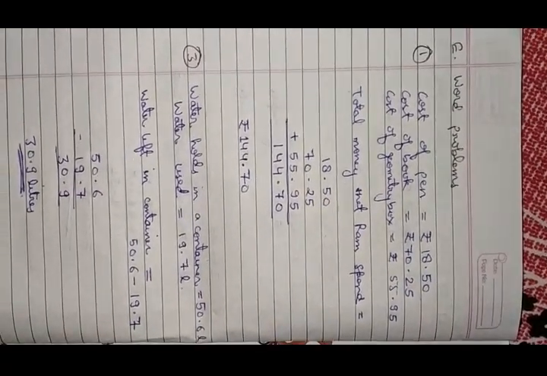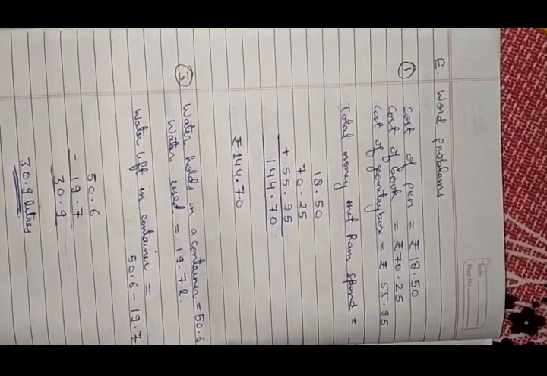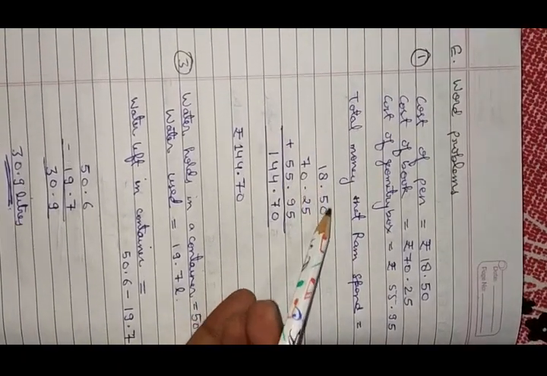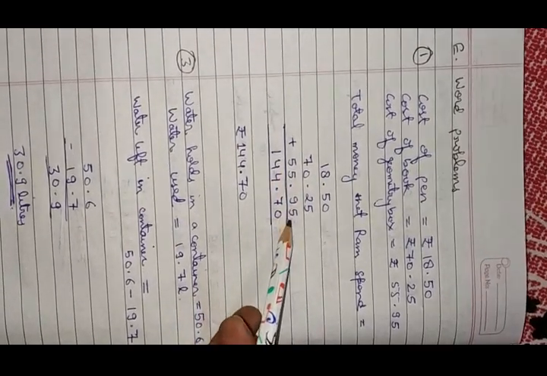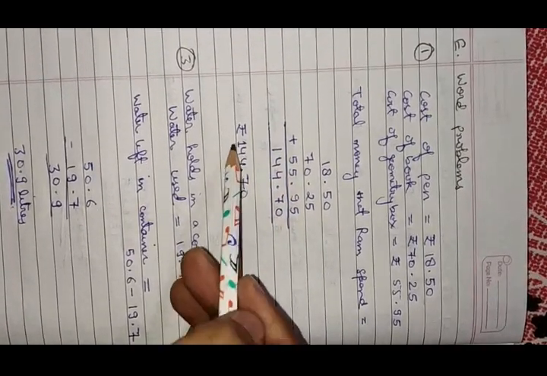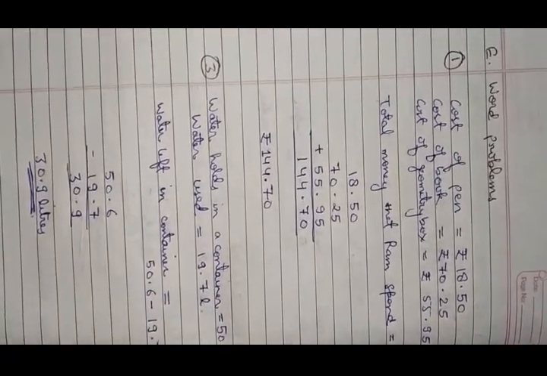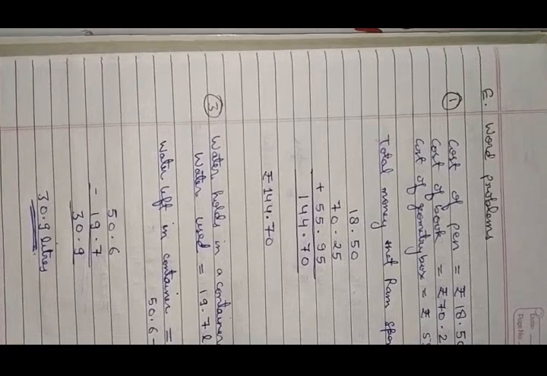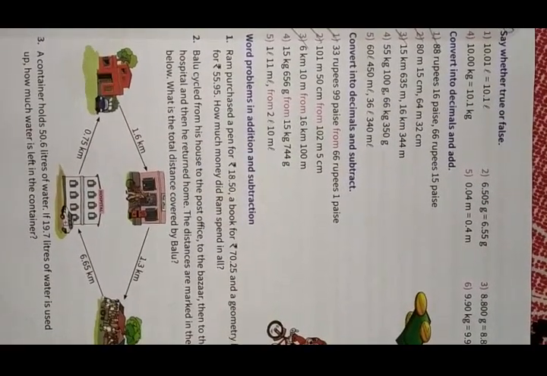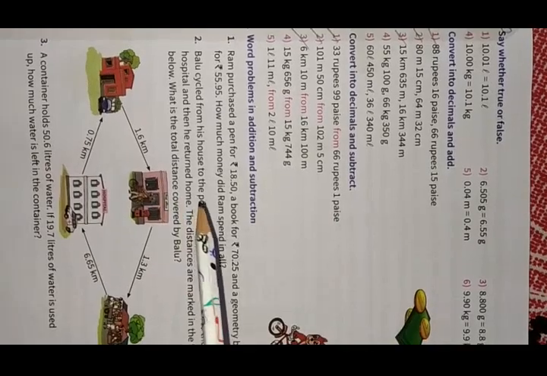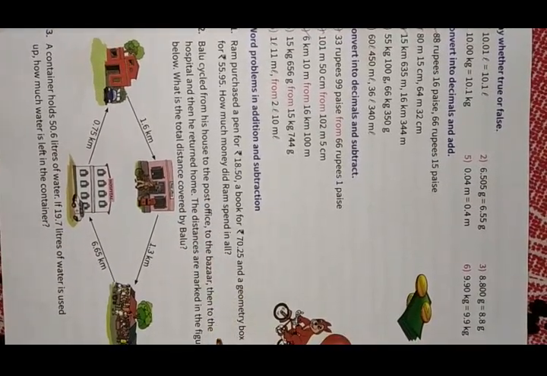We will add all these amounts. After adding these we get 144.70. So the answer is rupees 144.70.